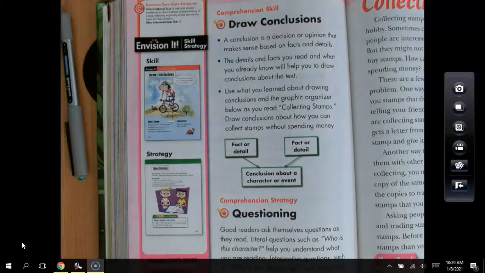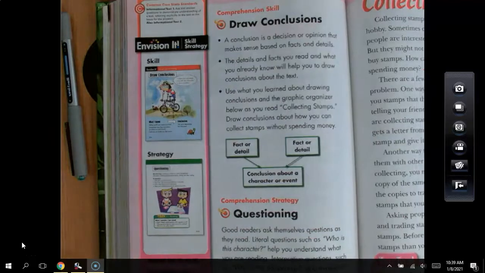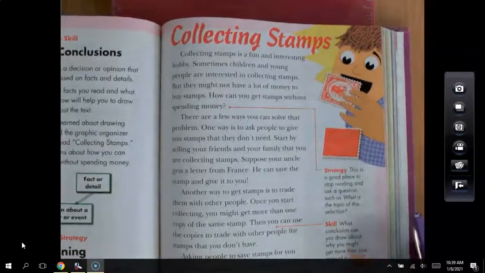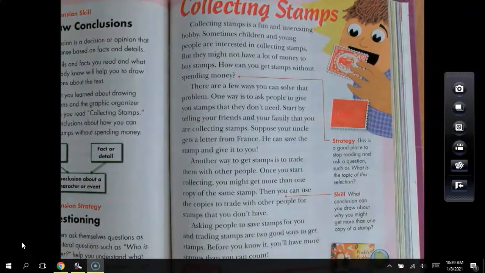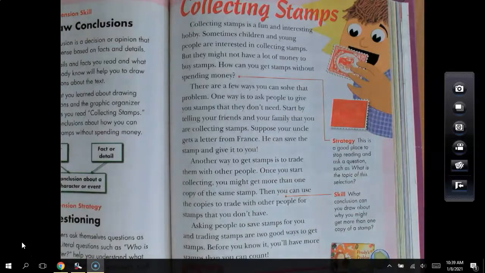What we're going to do, boys and girls, is read the story Collecting Stamps. As we read, I want you to find some facts and details that we can pull out to help us draw a conclusion so we can make an inference about this story.